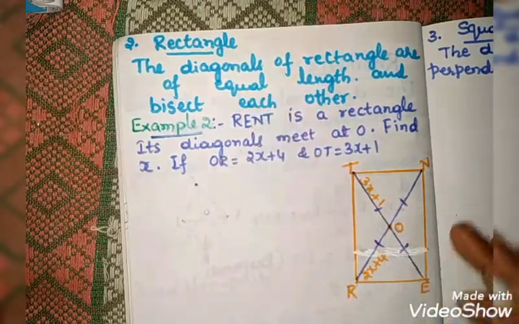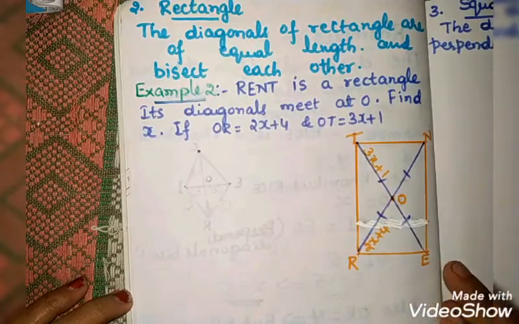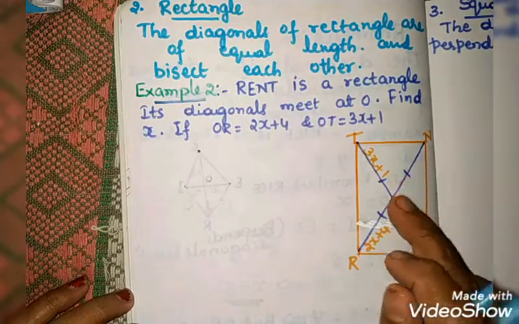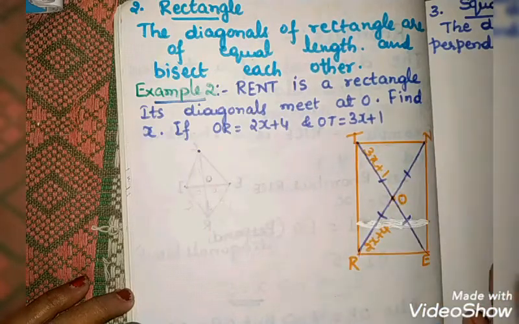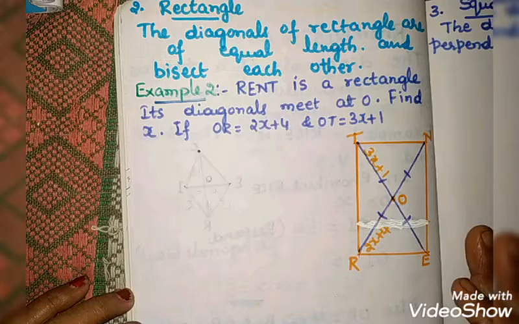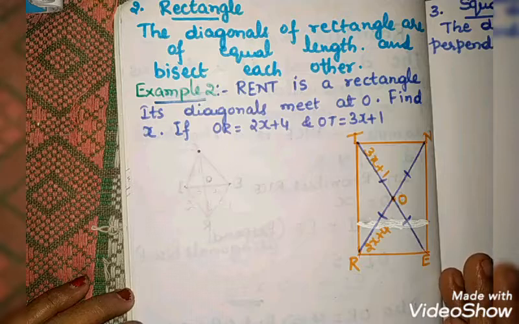Always remember, this is a rectangle. For example, RENT is a rectangle. In this rectangle, the diagonals are equal. Always remember. Whereas in a rhombus, as earlier studied, the diagonals bisect each other, but the diagonals are not equal, children.